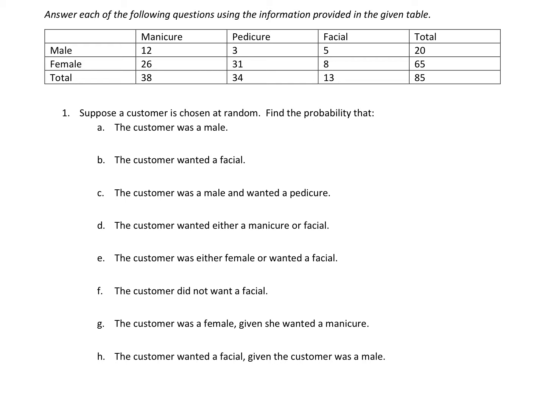So the first one is asking us to find the probability that the customer was male. You will see that the rows indicate gender, male or female, and the columns indicate the type of treatment they received: manicure, pedicure, or facial. If we want to know the probability that a customer was male, we would look for male, so we'd look across.